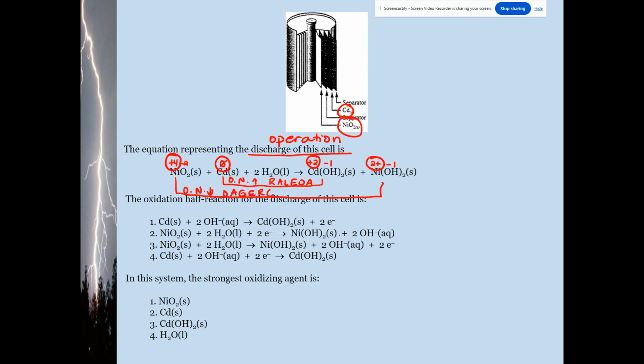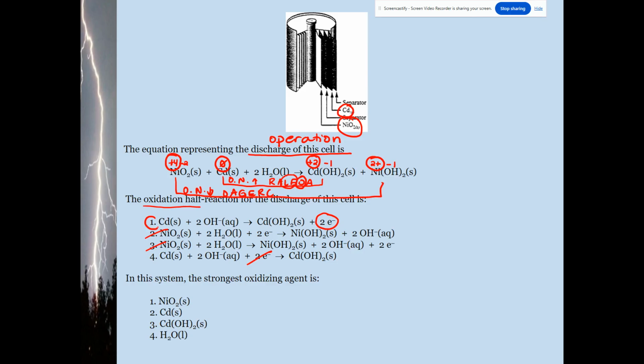Rallio up, the O-GERC. Okay, so the oxidation half reaction is my RA, that's what the O stands for there. And so it's cadmium making cadmium hydroxide, so it counts out those 2. Then we know that when you have an oxidation reaction, it's losing electrons. So electrons have to be on the product side, not the reactant side.